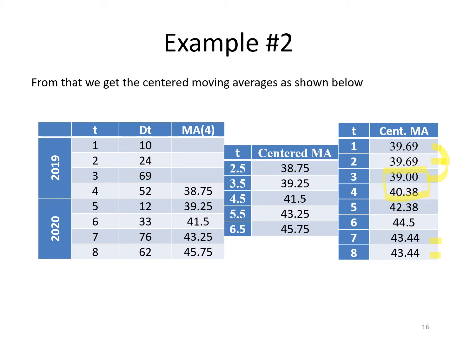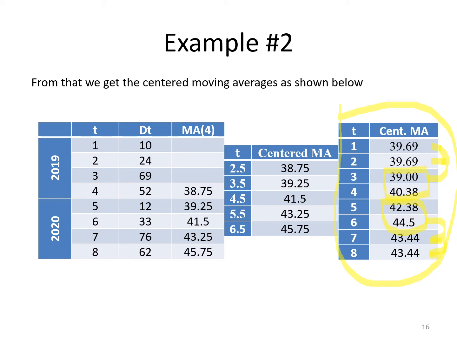We do the same with these 2 periods, calculating that average and putting it at period 7 and period 8. At the end, we come up with this table, which represents the centered moving average that corresponds to each period given in the historical demand values.